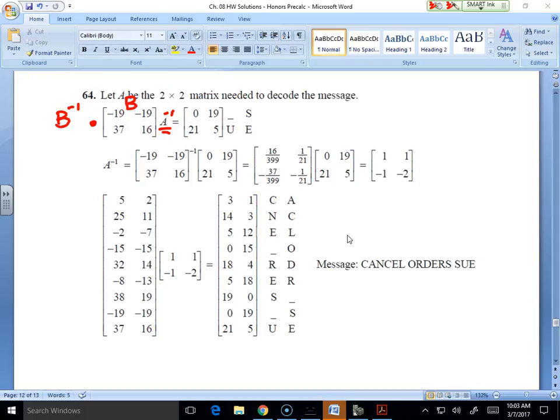Let's multiply by B inverse on one side. If we do it to the left, we do it to the left over here. So they plugged that into their calculator. They did B inverse times that matrix, and they were able to get this final one right here. And they said, sweet, that's our decoder.